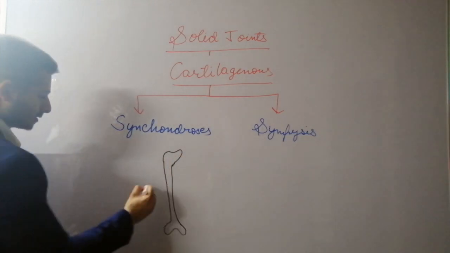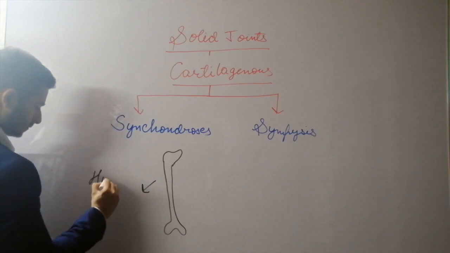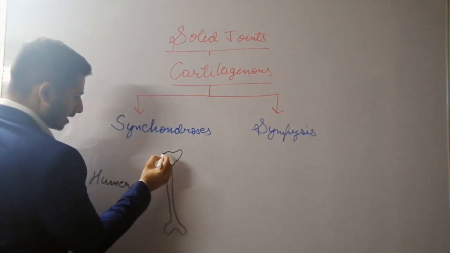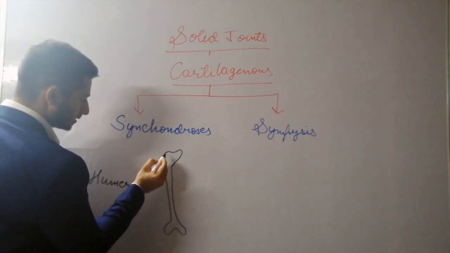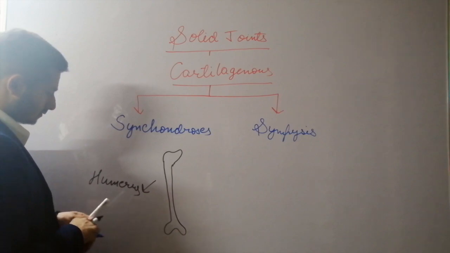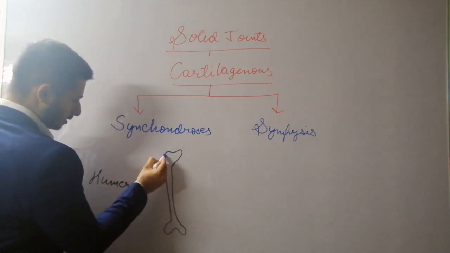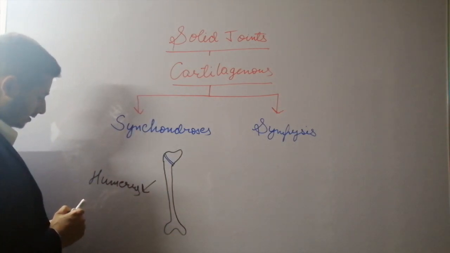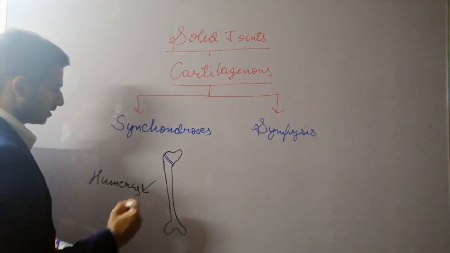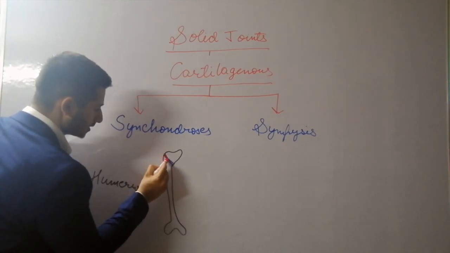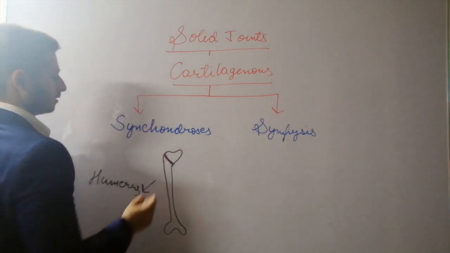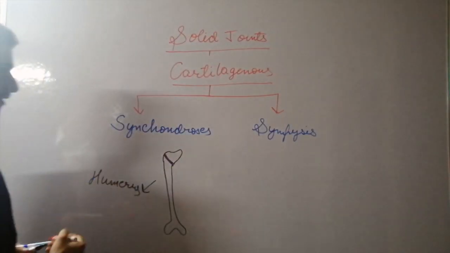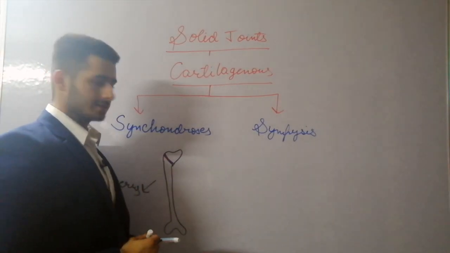This is a humerus. Now the humerus has two ossification centers in the head. These two ossification centers are separated by this cartilage, and this is an example of synchondrosis. Now we move on to symphysis. What is symphysis?